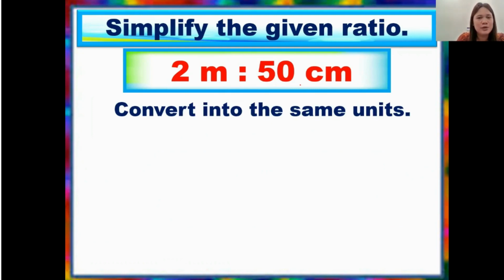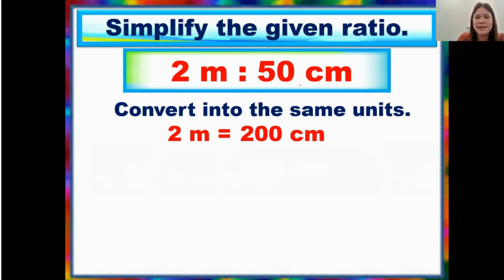And remember, 2 meters is how many centimeters? 1 meter is 100 centimeters. So 2 meters is how many centimeters? It's 200. So again, 1 meter is 100 centimeters. You know that. And since we have 2 meters, we have 200 centimeters.